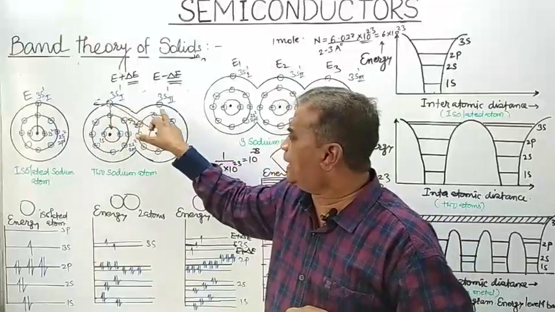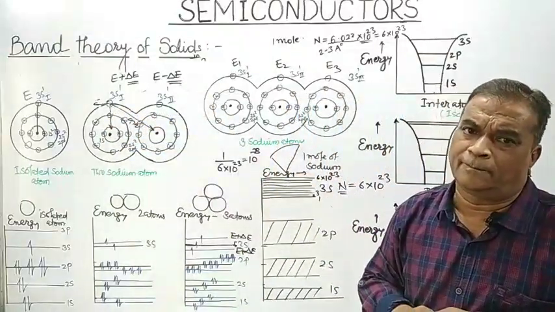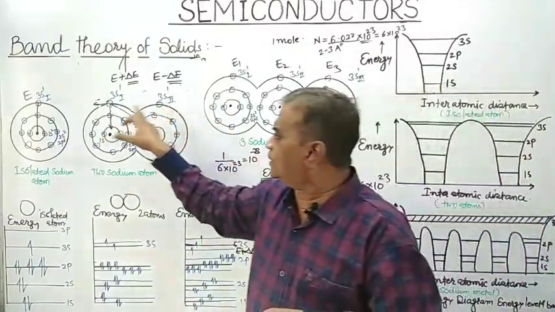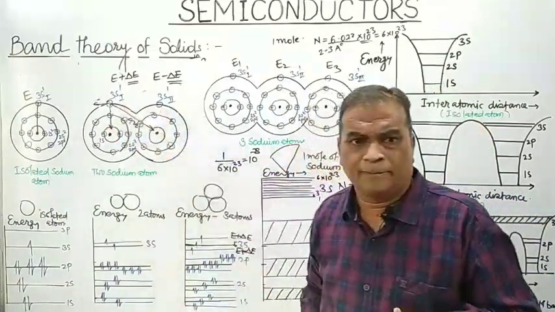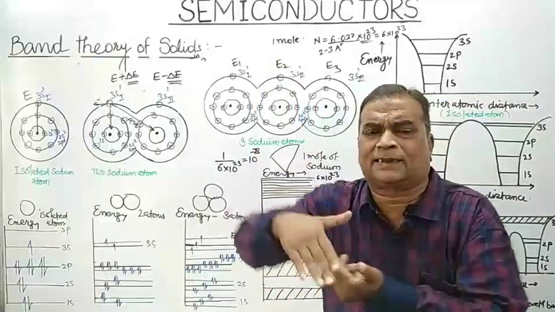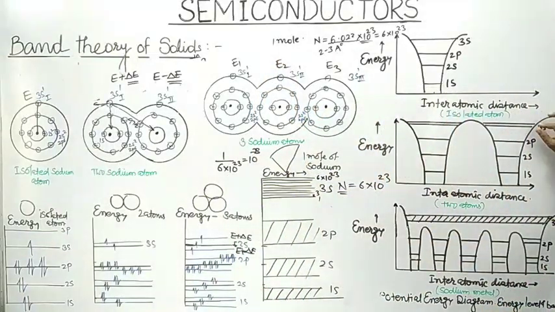Both these 3s electrons will have different energies, which are slightly less than or greater than that of the original 3s orbit. So here I have shown the splitting of the 3s orbit, or splitting of energy level in 3s orbit, into two energy levels.